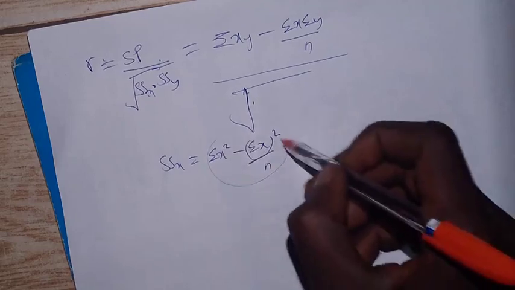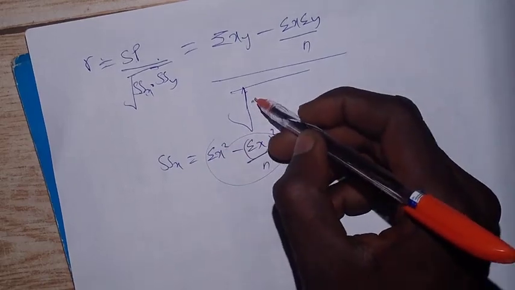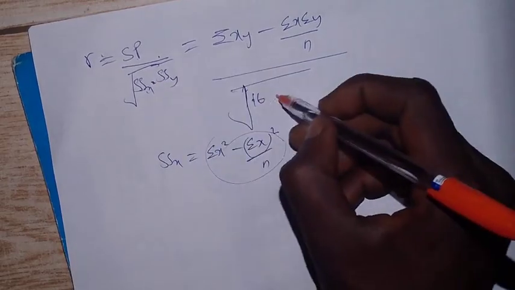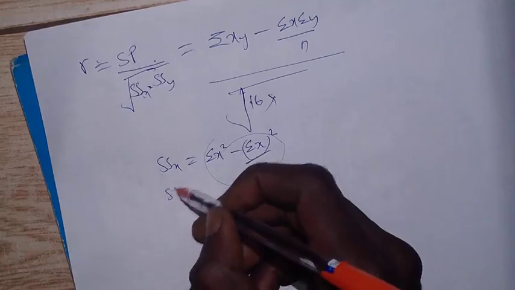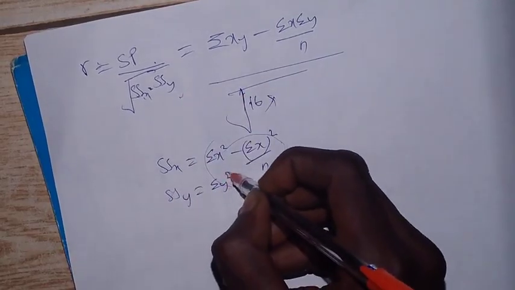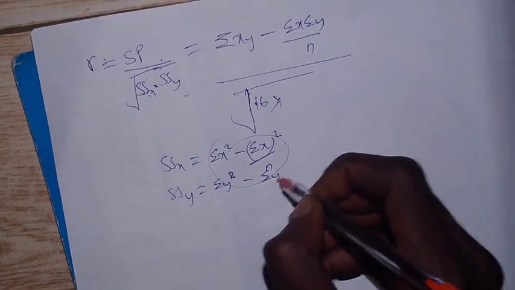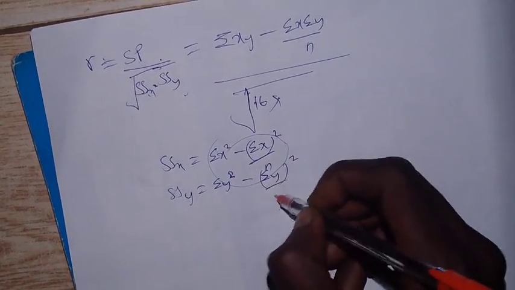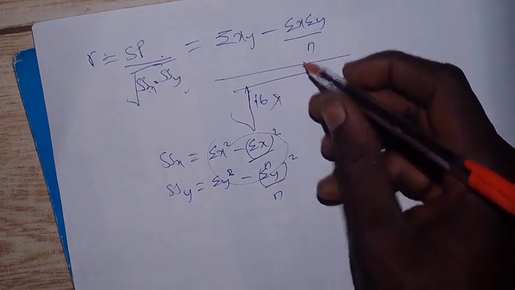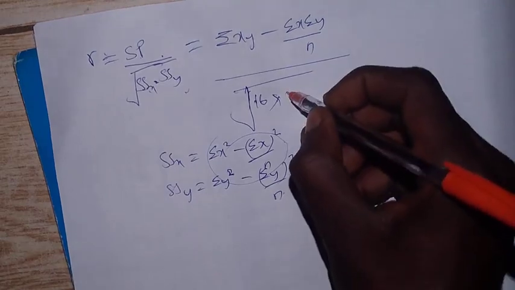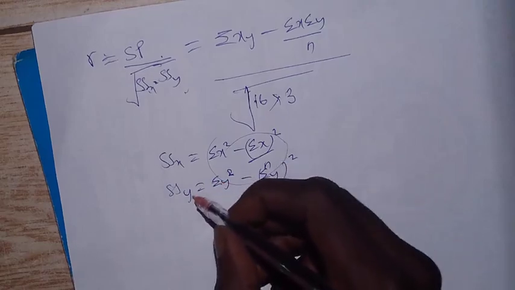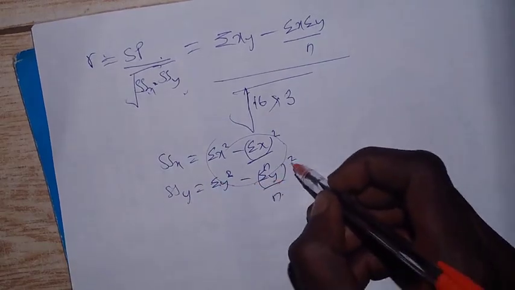Then after computing this, we get something here. We write it maybe 16, for instance, and then the dot means times SSY, summation y squared minus summation y all squared all over n.